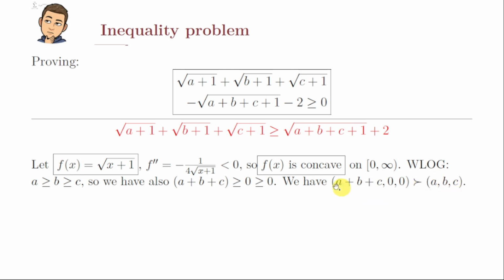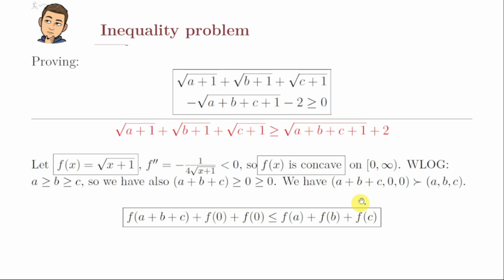That is easy to check because a plus b plus c is bigger than a, and then a plus b plus c plus 0 is bigger than a plus b, and then the sums of the points here are the same, right? So based on Karamata's inequality, f(a plus b plus c) plus f(0) plus f(0) is less than or equal to f(a) plus f(b) plus f(c).